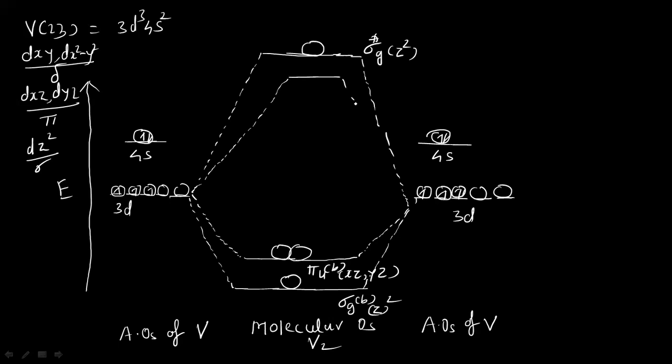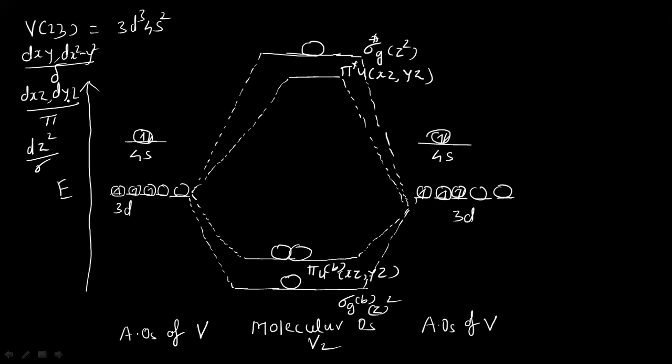The anti-bonding molecular orbital which is formed here is pi star u, the anti-bonding molecular orbital, from the xz and yz atomic orbitals of the two vanadium atoms.